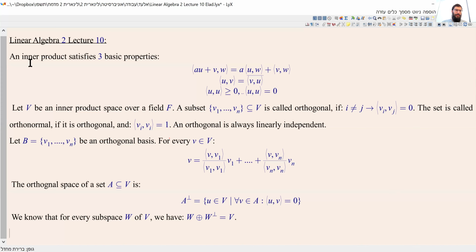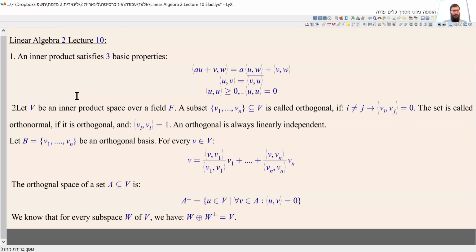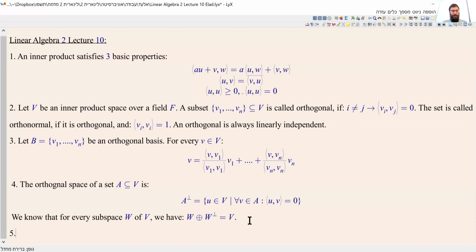Let's put enumeration 3, 4, and 5. We defined the orthogonal projection, or just the projection.